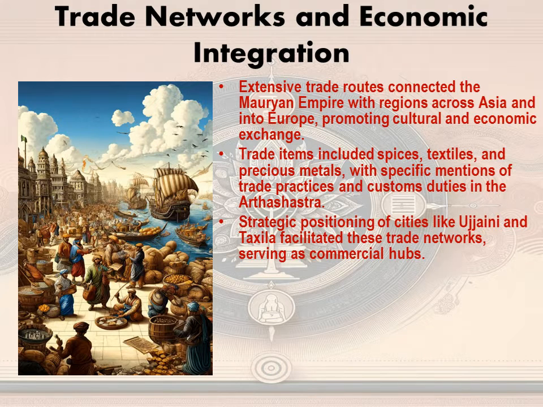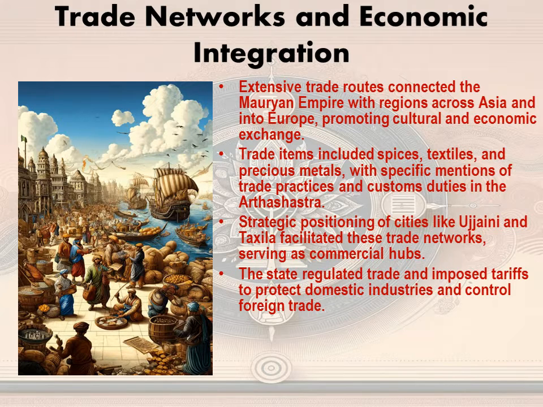Strategic positioning of cities like Ujjain and Taxila facilitated this trade network, serving as commercial hubs. So there were urban centers through which the trade routes passed, and those urban centers were very much in strategic locations to facilitate commercial activities. Prominent examples of such urban centers are Ujjaini and Taxila.